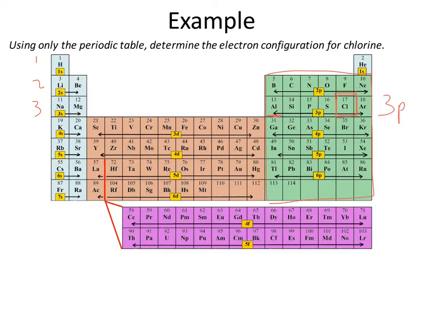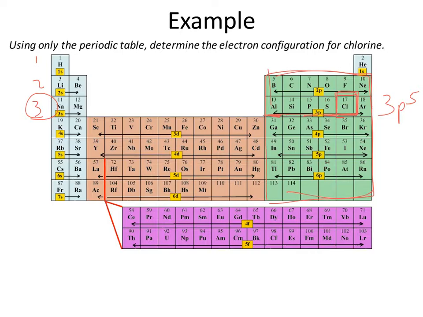Here we have aluminum, which is number 1, silicon, phosphorus, sulfur, and chlorine. So I'm going to predict that my last little part of my electron configuration is going to be 3p5. Why? Because it's in row number 3, it's in block P, and it's the fifth element in that block there.